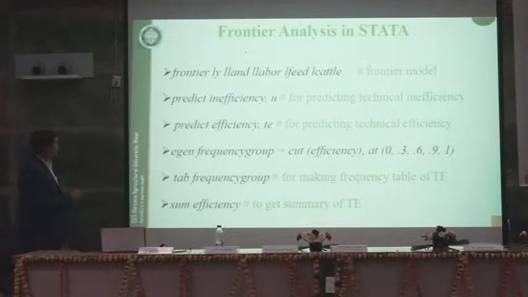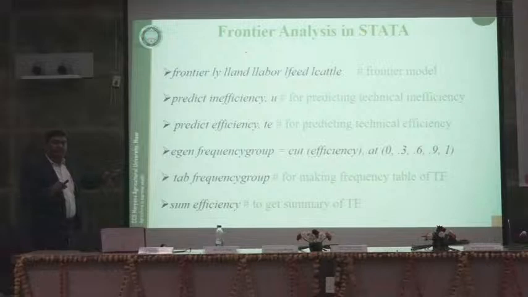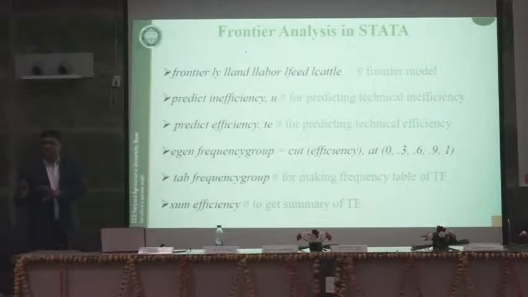And this is used to find out the technical efficiency. Again the same predict code. You will get the technical efficiency. There are two things: one is inefficiency, the other is efficiency, meaning which farmer is how efficient, which farmer is inefficient. So you can get the efficiency as well as the inefficiency of a particular farmer.